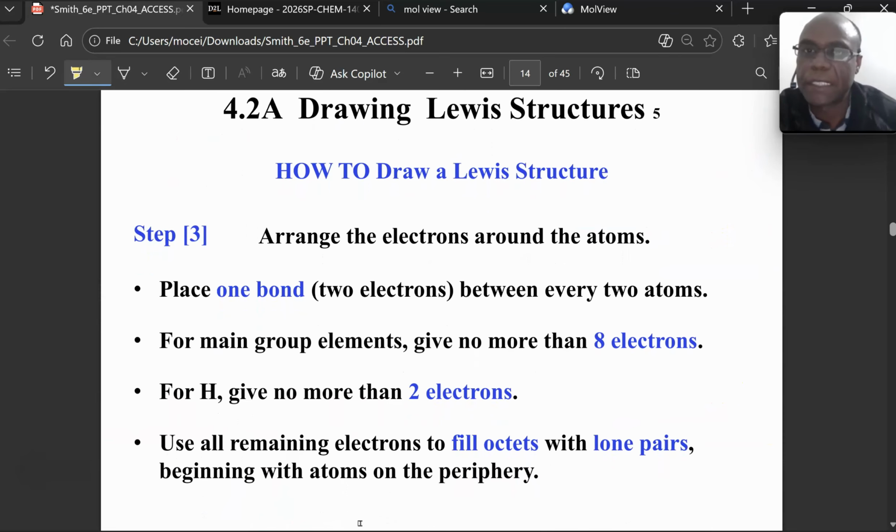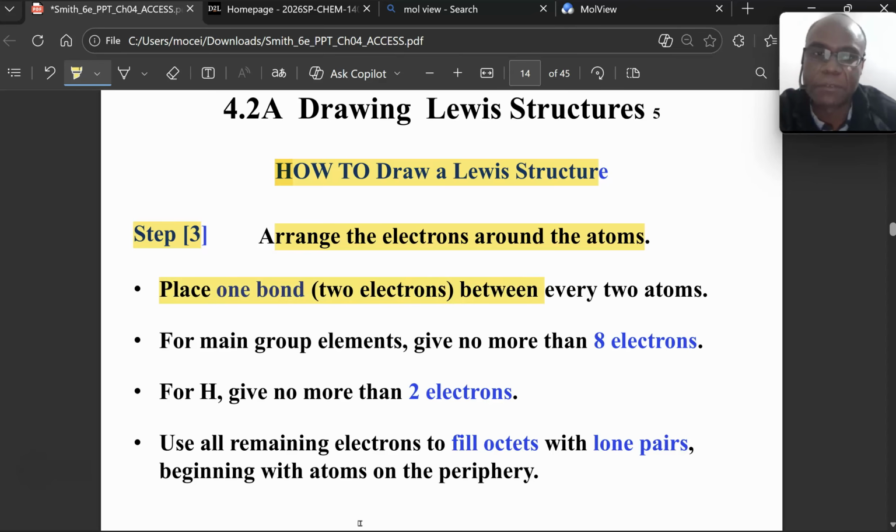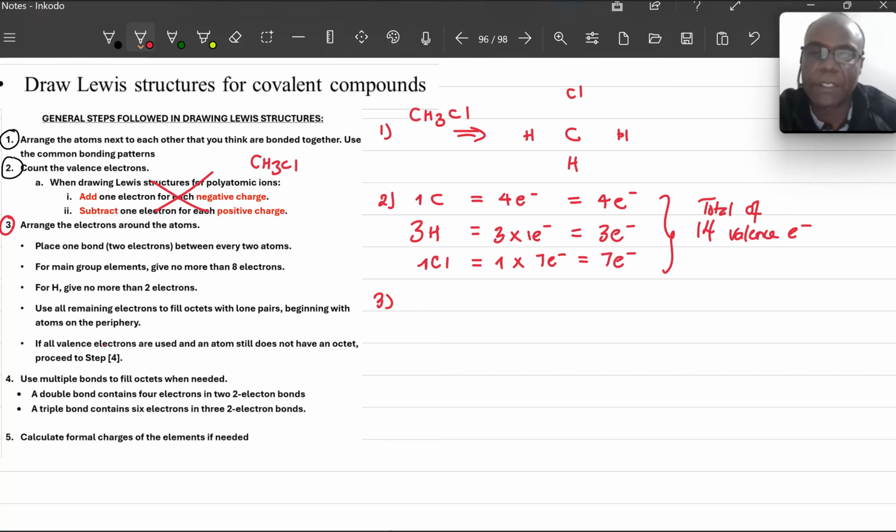So step 3 says how to draw a Lewis structure. You need to arrange the electrons around the atom. Place one bond, which means 2 electrons, between every 2 atoms. So when I come here, I will draw my spaced out structure, this one, and then I will connect each of those elements using 2 electrons.